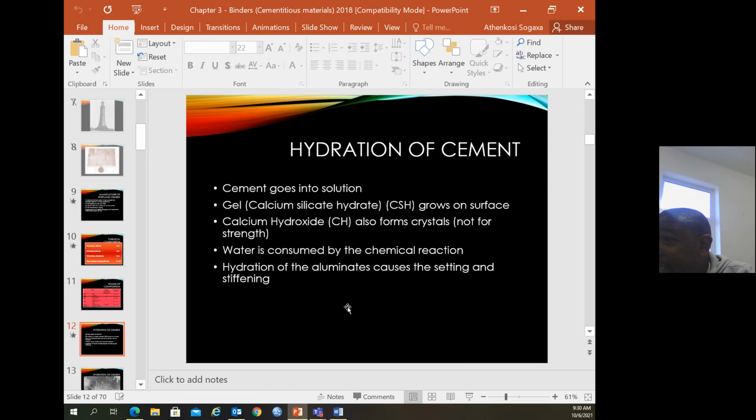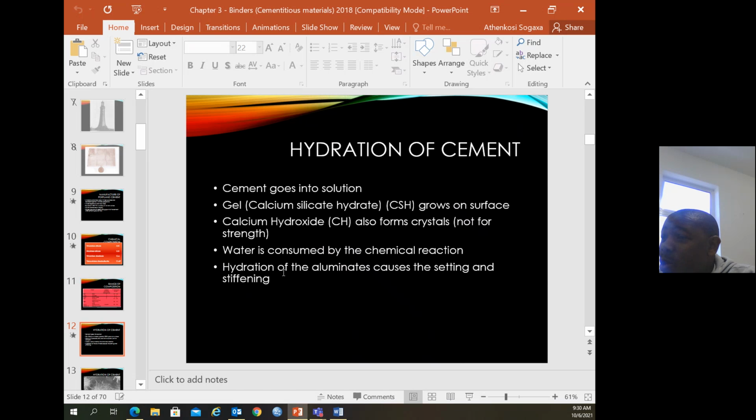Now, the hydration of concrete: the cement goes into solution when you mix the cement with water. Then it gels. Calcium silicate hydrate, which is CSH, grows on the surface, and calcium hydroxide also forms crystals, which do not contribute to strength.